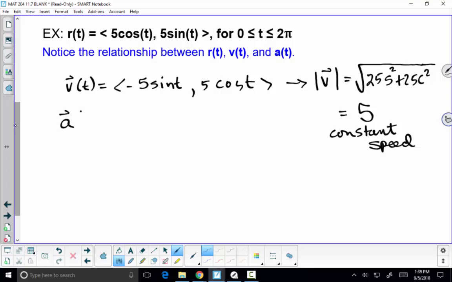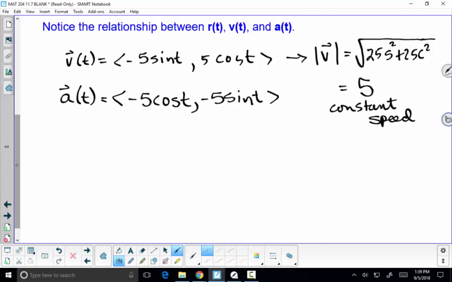And the acceleration, when you have circular motion, is always going to point right back to the origin. Again, some sort of physics stuff going on. So notice that v dot a, if you were to take the dot product of these, you would get positive 25 sine cosine minus 25 sine cosine.